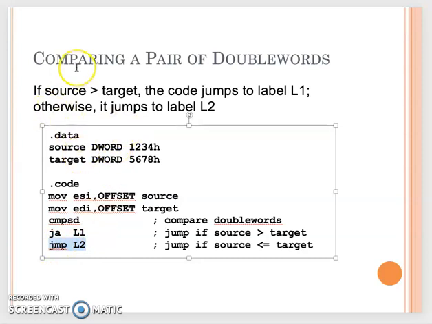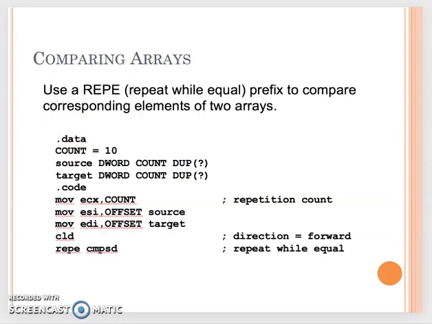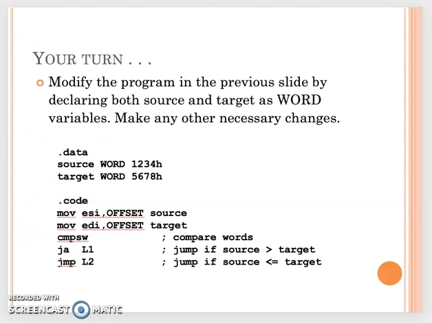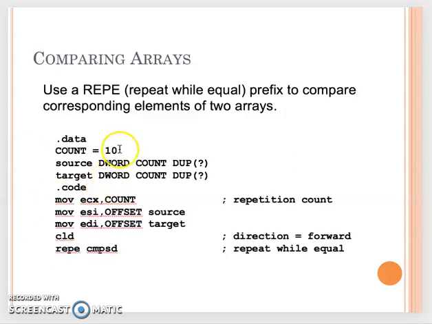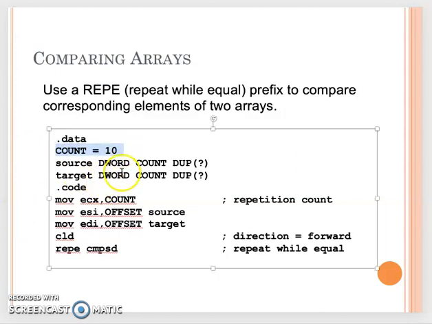Like we say, most of the time those string instructions need to compare two arrays. So that's why the next example has an array size of 10 for both. Here we want to check whether these two arrays are the same.